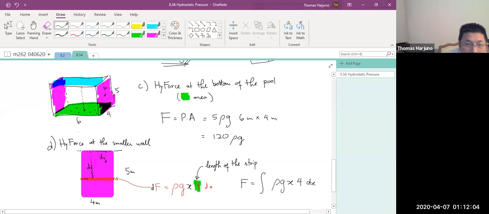And what is my depth from here? My depth is from 0 meters down to 5 meters. At the depth of x, the width will be 4. My x will be from 0 to 5.